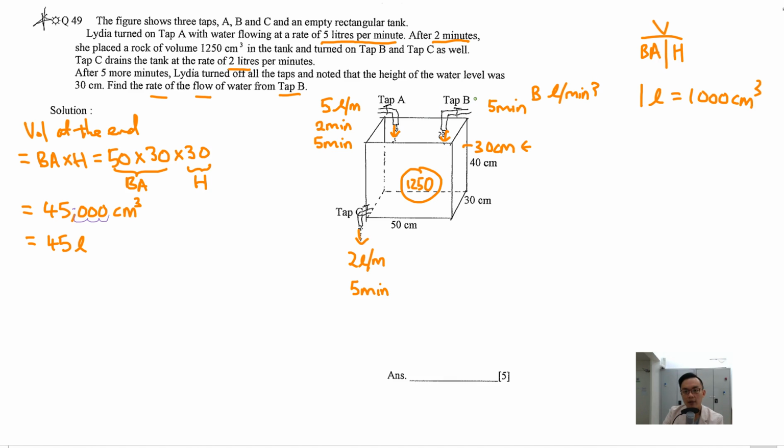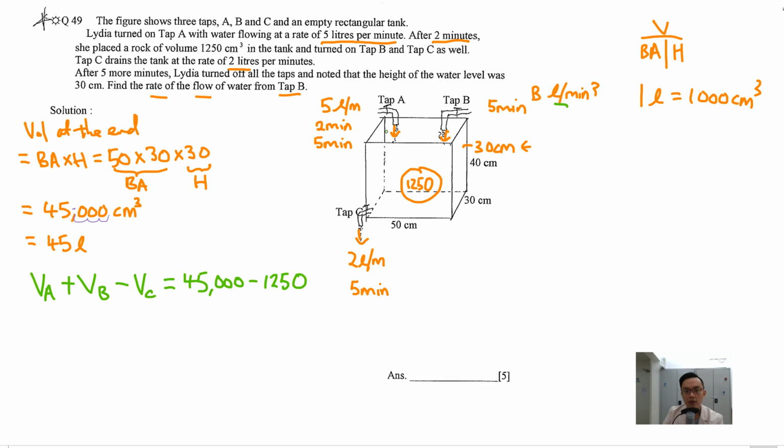So how am I going to find the rate for tap B? So I know that the volume that came out from tap A plus the volume that came out from tap B minus away the volume that left tap C is equals to 45 liters or 45,000 cm cube minus away 1250. Okay, so I'm going to explain this line.